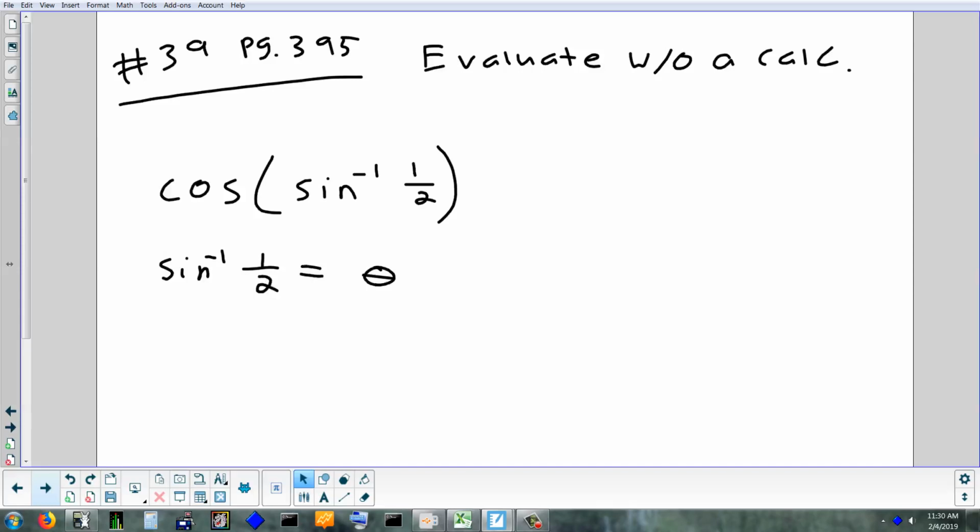What's step 2? Take the sine of both sides, and when I do that, 1/2 is going to be by itself on the left. What's going to be on the right? Sine theta.